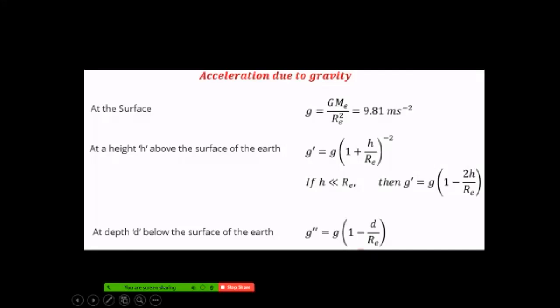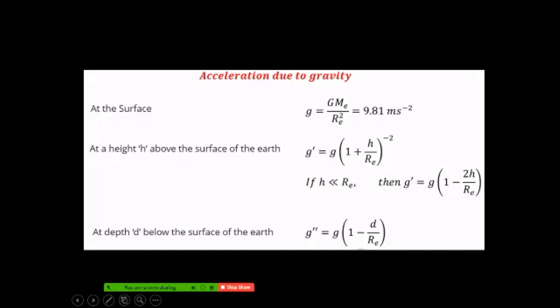Second, if at a height above the surface of the earth, the formula is g dash is equal to g times (1 plus h upon Re) whole to the power minus 2. Or if the height is much less than Re, then we write the approximate formula g dash is equal to g times (1 minus 2h by Re).